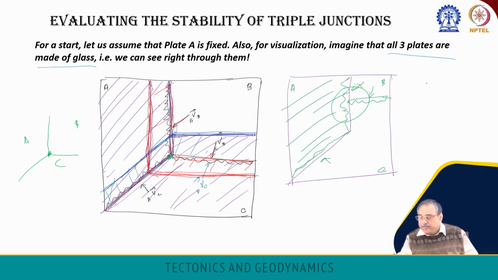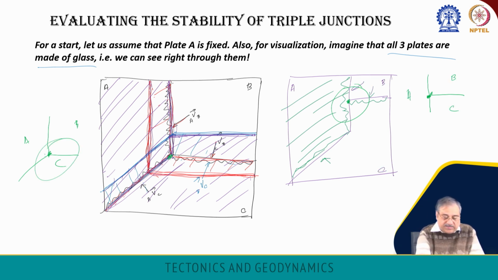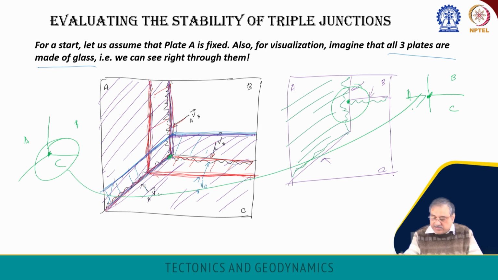This is my new position of my triple junction. So in this case, the triple junction is here. This would be plate A, this would be plate B, this is plate C. So this and this evolves to this, right? But obviously this configuration is not the same as this configuration.